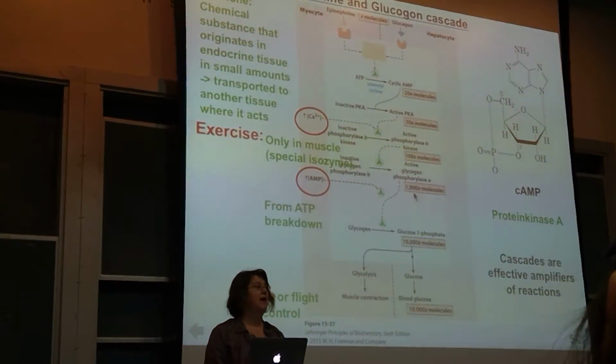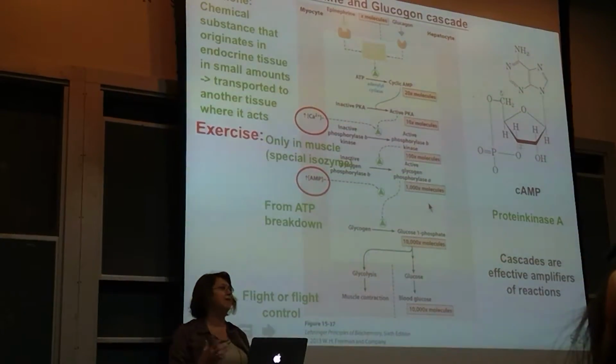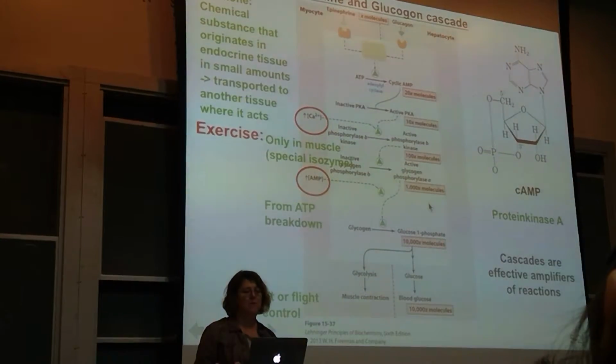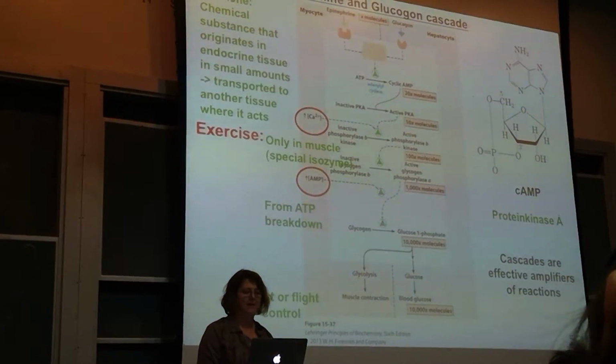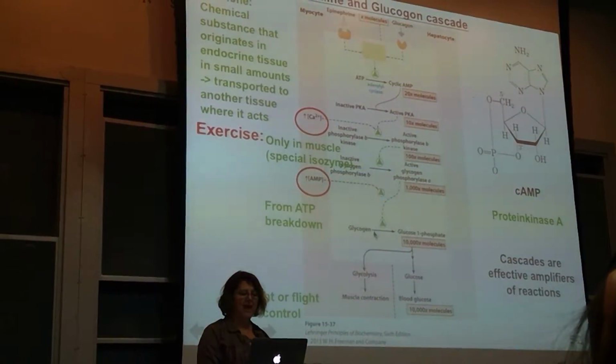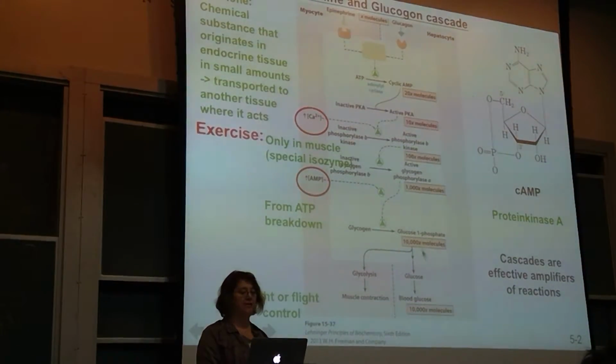This is what's been measured in terms of the activity increases, but they think in vivo that the measurements aren't perfect, so they think it's actually even more of an escalation. And so then finally, your glycogen phosphorylase is activated, and that's converting your glycogen to glucose 1-phosphate. So that was the reaction that we looked at before. It gets to the point where you're making 10,000 molecules of this.